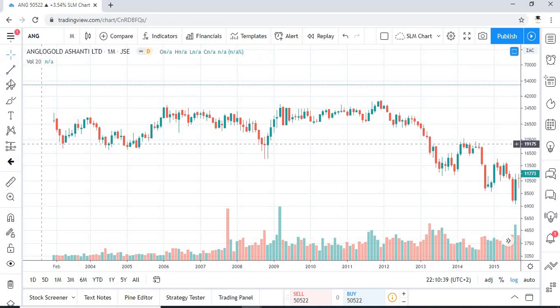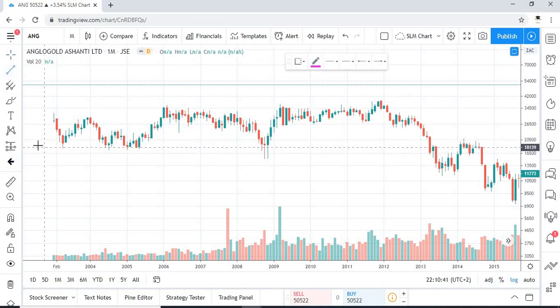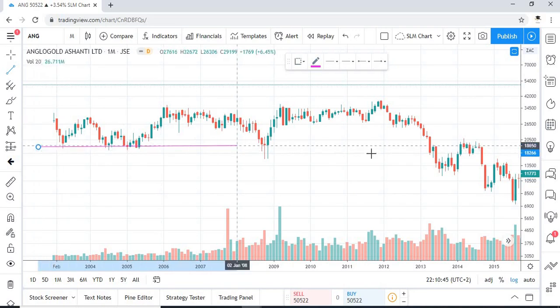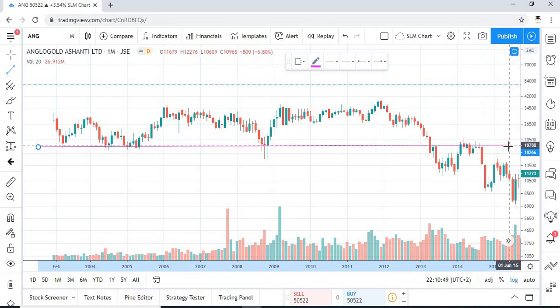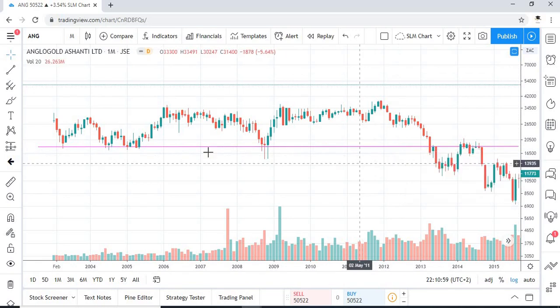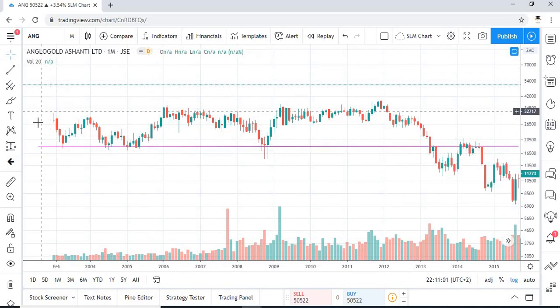So I'm going to first look at this point here and mark it as an area of support. So I've said that level is an area of support.